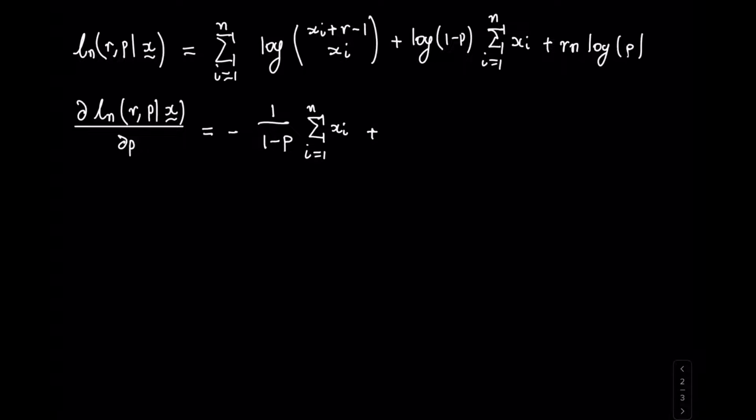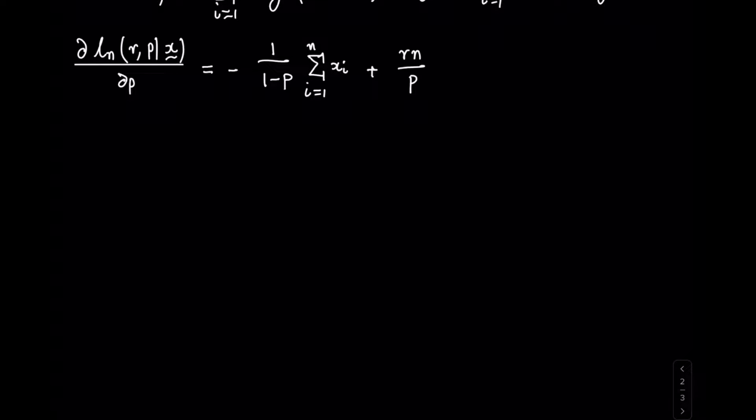And then similarly here, we have another component which depends on p, which is log p, and we know that the derivative of log with respect to p is just 1 over p. So then we can rewrite this expression as rn over p, which is quite useful.